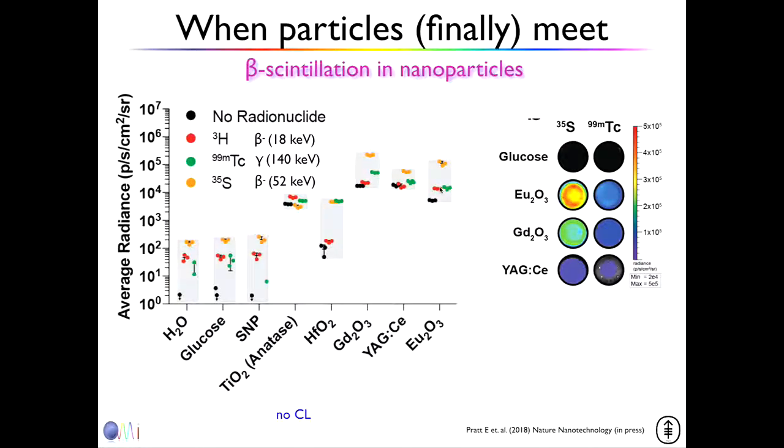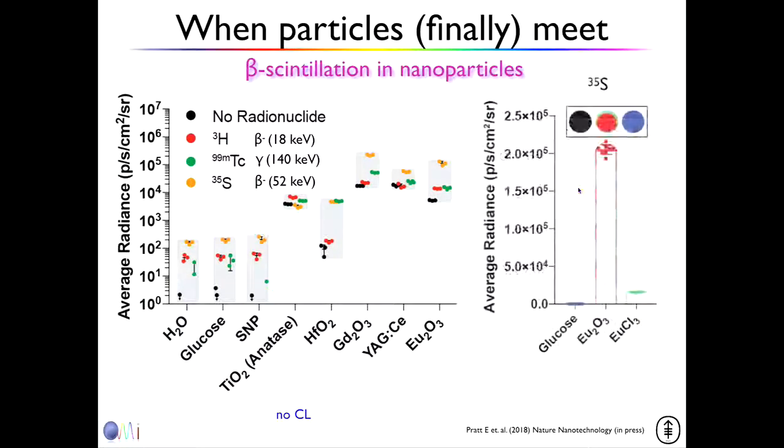So you get quite a bit of enhancement, which is shown here. And that enhancement cannot come from Cherenkov because those guys don't produce any Cherenkov. So the only way that this interaction can take place is a direct interaction of the positron or electron in this case with the particle.